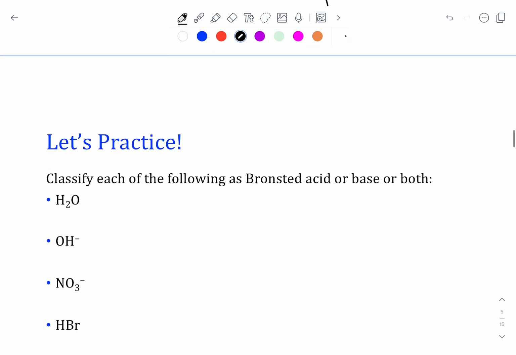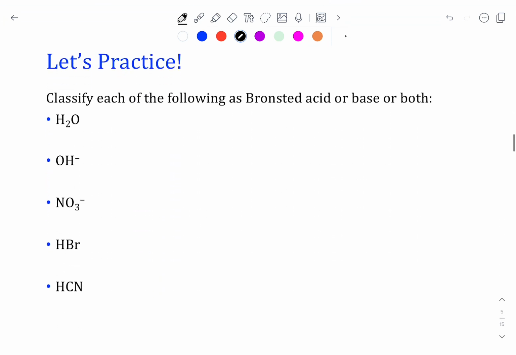So let's practice identifying compounds as either a Bronsted acid, a Bronsted base, or if they can act like both. What we're looking for when we're looking to identify Bronsted acids and bases is we want to first look at their charge and if they have a hydrogen to give.